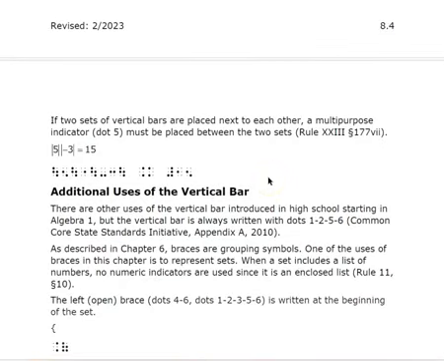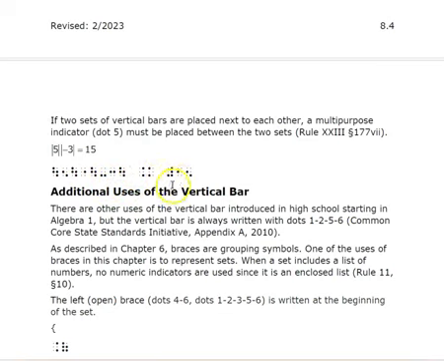If two sets of vertical bars are placed next to each other, a multipurpose indicator dot 5 must be placed between the two sets. Okay, so we have vertical symbol, 5, vertical symbol. Now we have another one, so we're going to do a dot 5. Then we do the vertical bar, negative 3, vertical bar.